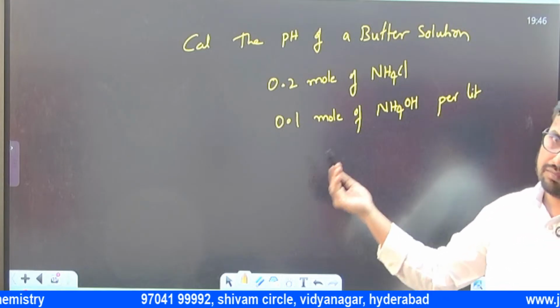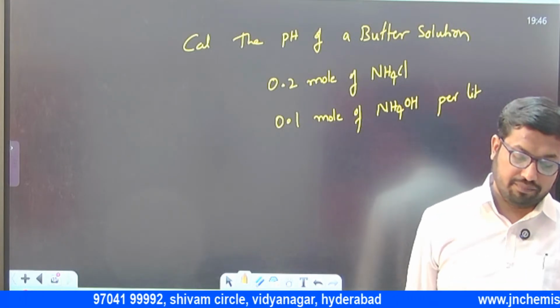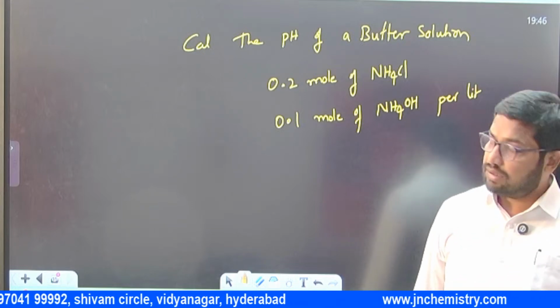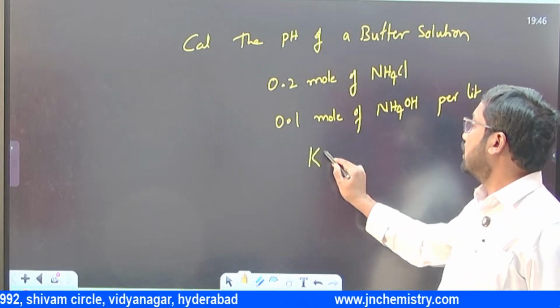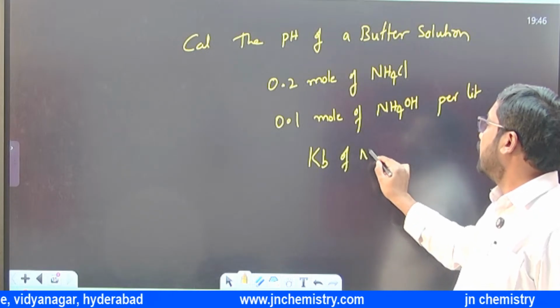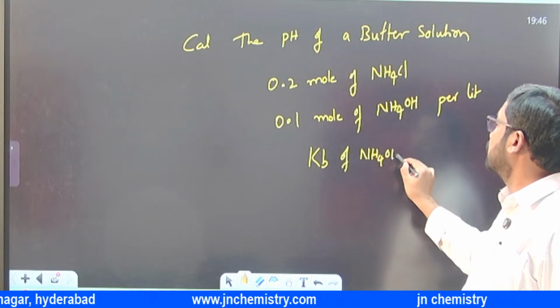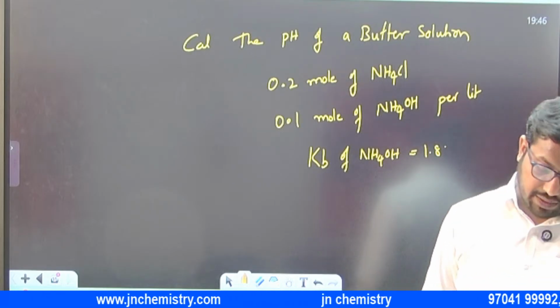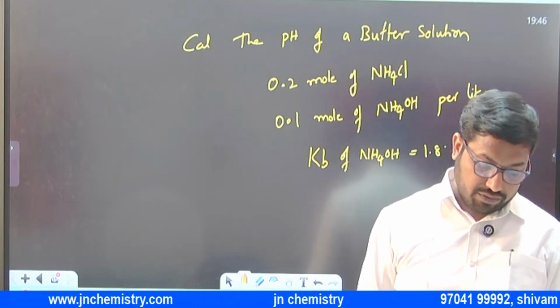Per liter means concentrations are given per liter. Kb for NH4OH is 1.85 into 10 to the power of minus 5.